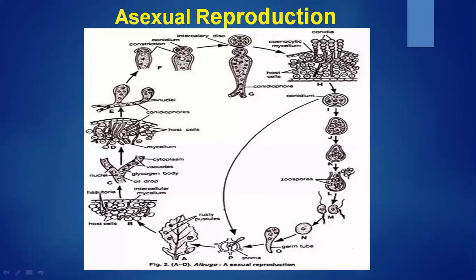When this chain of conidia exerts pressure on the epidermis of the host cell, what happens? When you drag an elastic rubber band from two ends, it creates one kind of tension, and at the center it breaks into two.